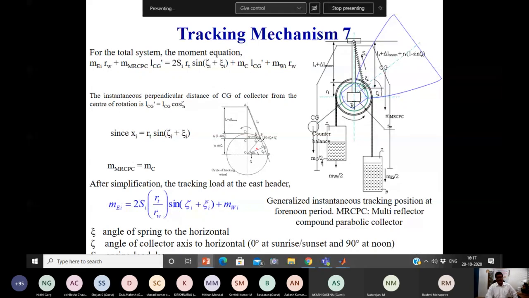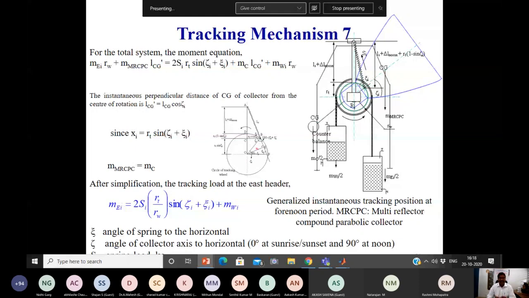After redesigning, we were able to track for 6 hours. Now we are continuously able to track this collector for 12 hours, or slightly above or slightly below 12 hours, because of experimental feedback and also experience from the design as well as the operation.